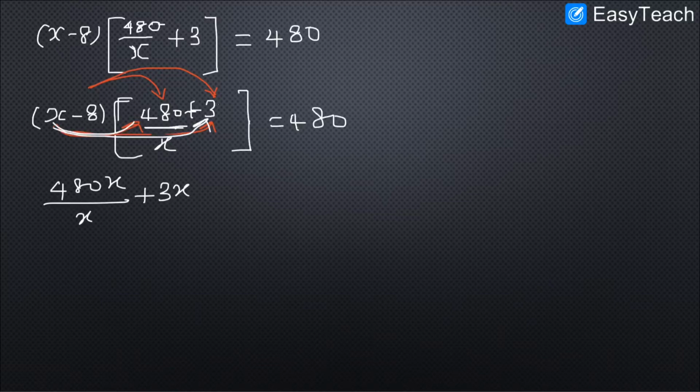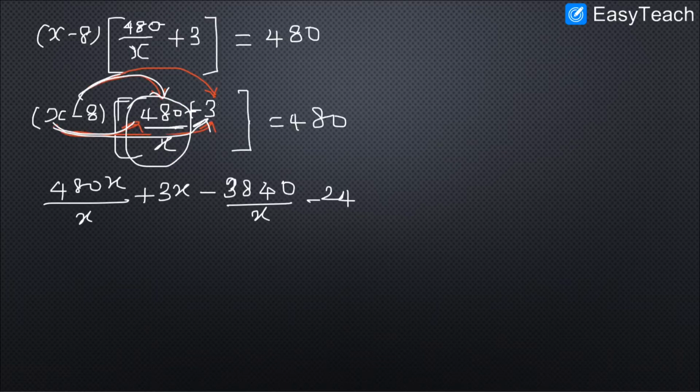I do it this way, first this one, then this one, and minus 8 into 480 gives me 3840 divided by x. I consider this as a whole term. Next minus 24, minus 8 into 3, equals 480.